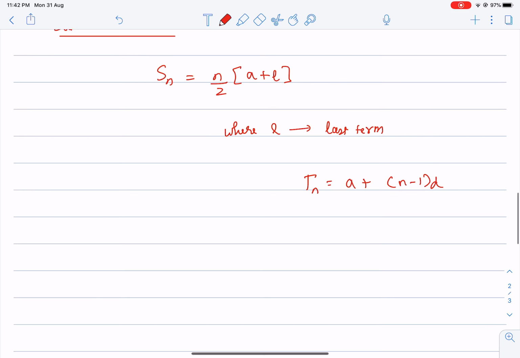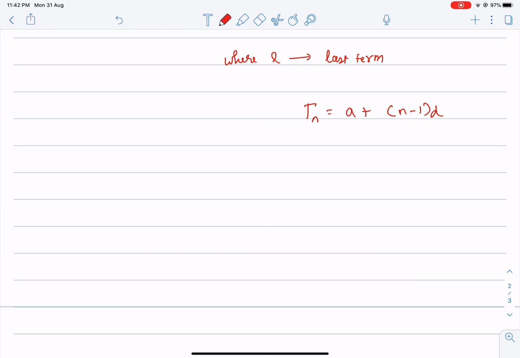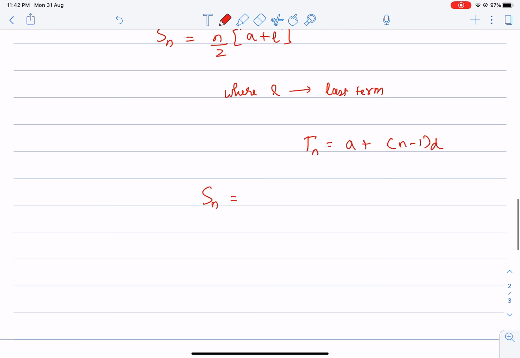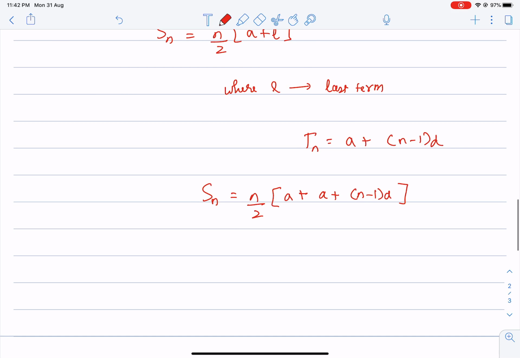So now your Sn will become n by 2 into a plus, instead of l, a plus n minus 1 into d. This is equal to n by 2 into 2a plus n minus 1 into d.